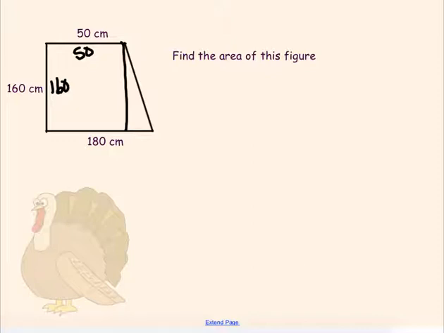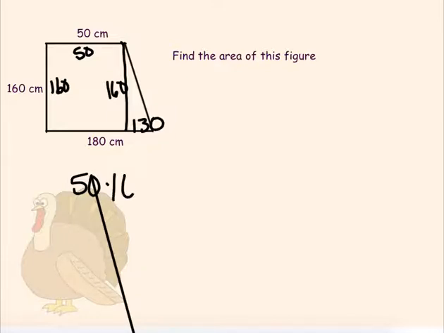Well, looks like there is 130 left over for this triangle. I know it doesn't make a ton of sense as far as how it's proportioned. That's okay. By 160. So we need to do 50 times 160 plus 160 times 130 divided by 2.